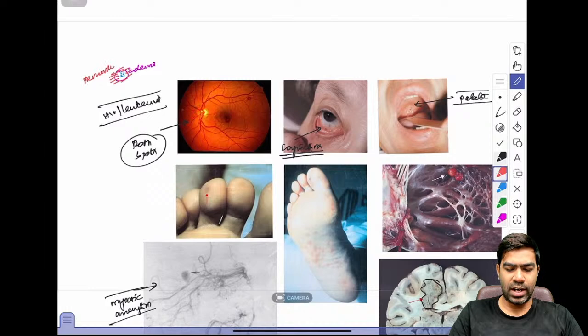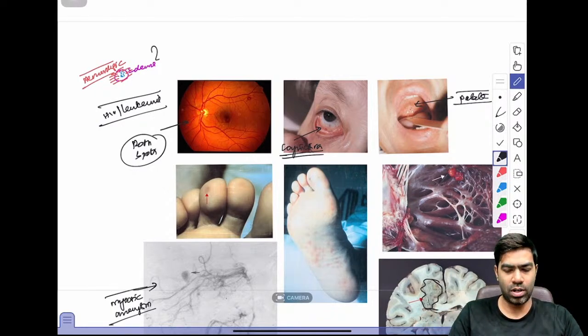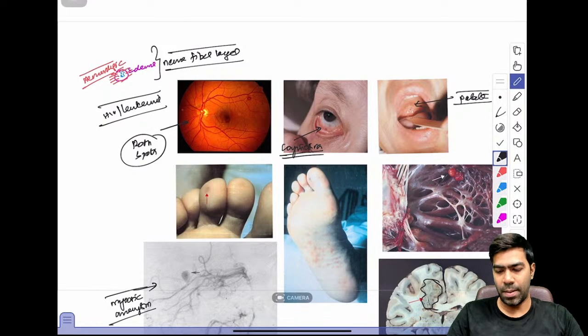So it's basically a kind of hemorrhagic spot. That's a very important point, which was also tested in different exams. So it's an accumulation of lymphocytes surrounded by edema, admixed with hemorrhage. It's basically a hemorrhagic spot that typically happens within the nerve fiber layer of the retina. So it's often considered to be an immunological phenomenon.